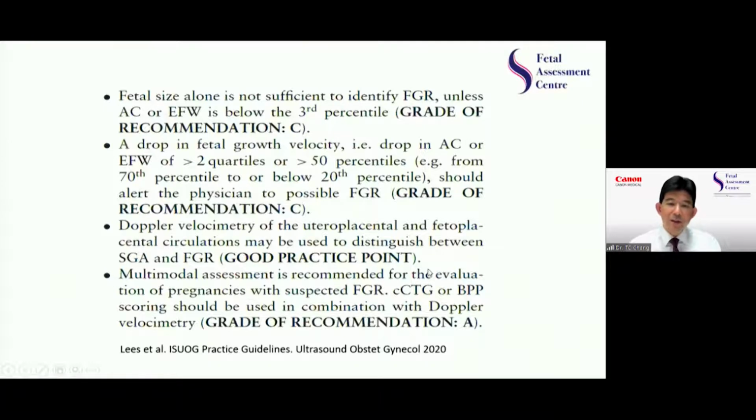In practice, most of the time, we depend on the Doppler studies of either the uteroplacental circulation and or the fetal placental circulation to tell us whether the fetus is SGA or suffering from FGR. The point being that in SGA, the Dopplers are normal, and we usually would triage them to become a low-risk pregnancy, expectant management, whereas for FGR, we would be monitoring the fetus very intensely.